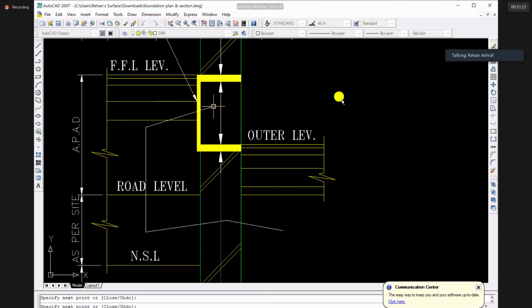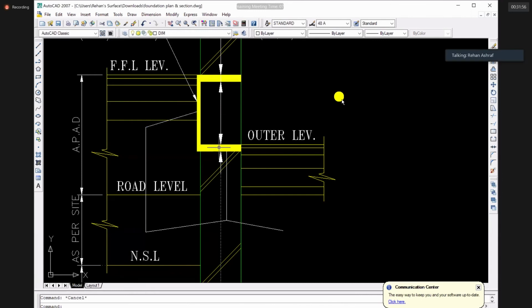So what we are doing is, whatever moisture is over here, it would try to rise, right? And it would be stopped by this lower horizontal DPC layer. Now, whatever moisture would try to penetrate inside the wall from this side would be stopped by this vertical DPC layer.